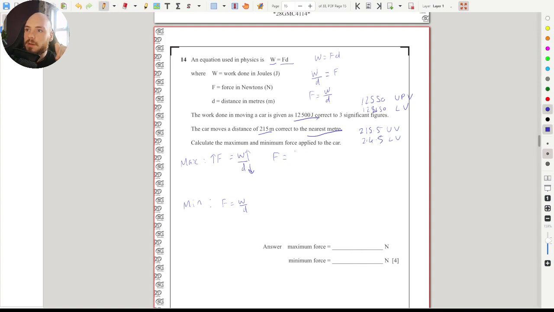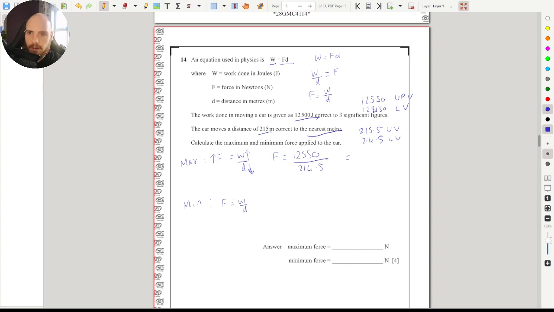So it'll be 12,550. It will be divided by the lowest distance, which is 214.5, and that'll give us the greatest force. I'm just gonna put everything in the calculator at the end. That's kind of the way I roll with these things.